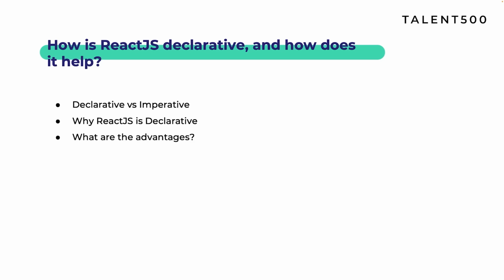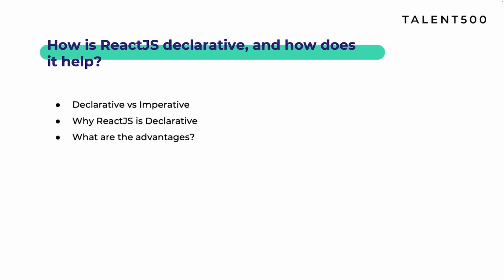The first question is: how is ReactJS declarative and how does it help? We keep hearing that ReactJS is declarative. What exactly does declarative mean and how does it help in real life or in application development?